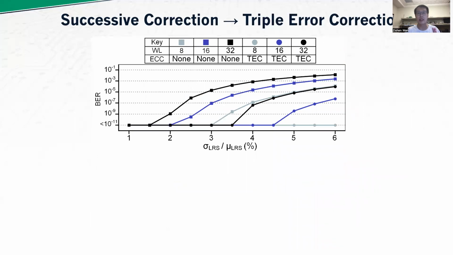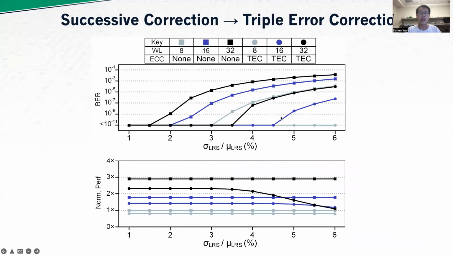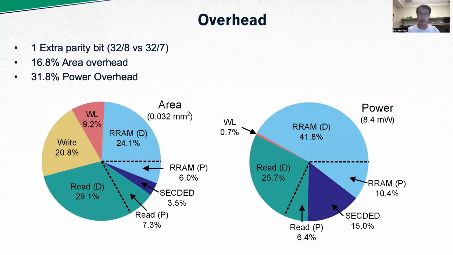To scale the ECC scheme to more parallel word lines, we find that the TEC can enable 32 word lines at a lower bit error rate than 8 parallel word lines with no ECC. That means the TEC scheme can achieve higher peak performance for a given bit error rate compared with no ECC. In terms of the overhead, this additional logic for the ECC costs 16% more area, and in terms of power, it costs 31% overhead over a design without any ECC.